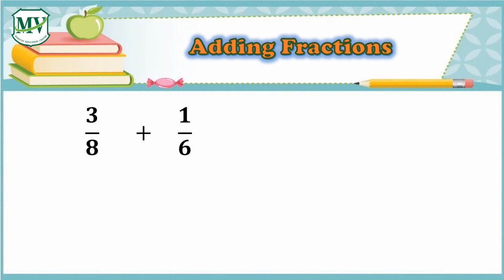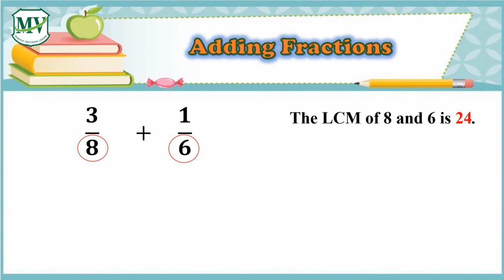To do that, we take the LCM of these two denominators as their common denominator. The LCM of 8 and 6 is equal to 24. So, we multiply the first fraction by 3 and the second fraction by 4.